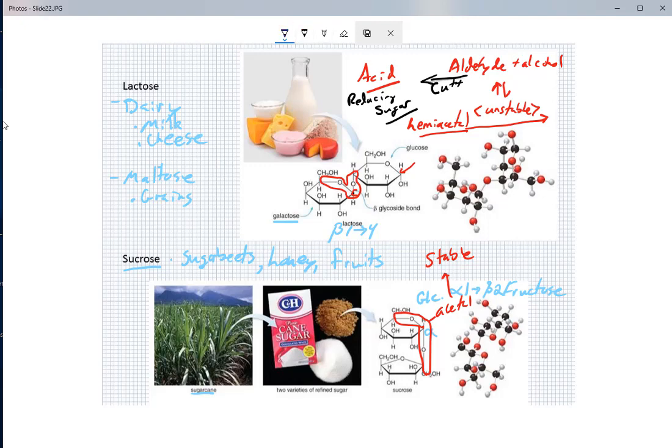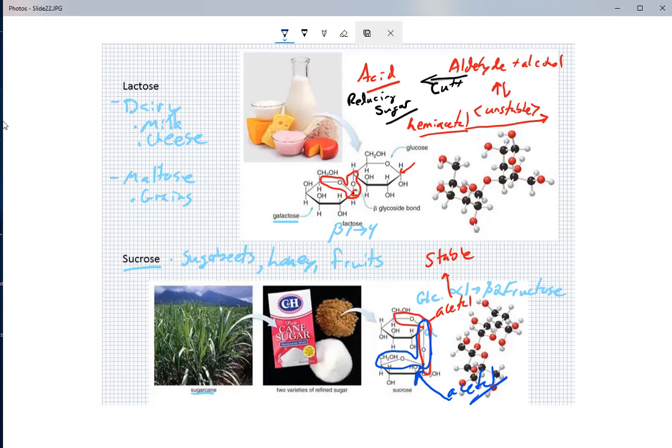If we look at carbon number 1 here of fructose, it is also in an acetal linkage: carbon, oxygen, carbon. So there are 2 acetals here in sucrose.